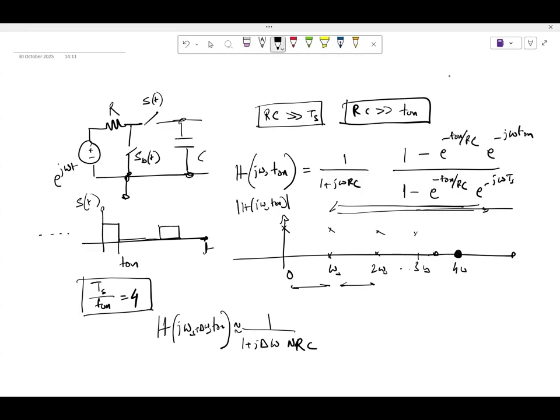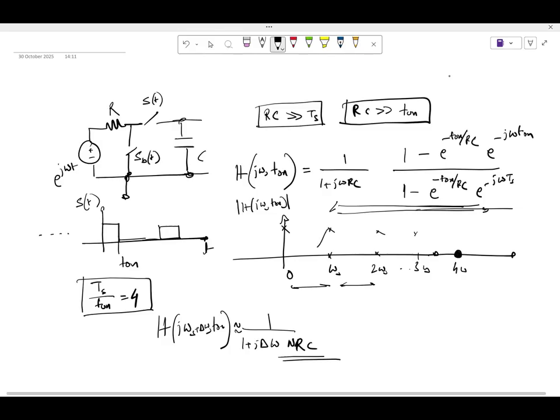Which means that if RC is much greater than Ts, N RC is naturally much greater than Ts, which essentially means that if you deviate from omega s, you are getting an attenuation, correct?